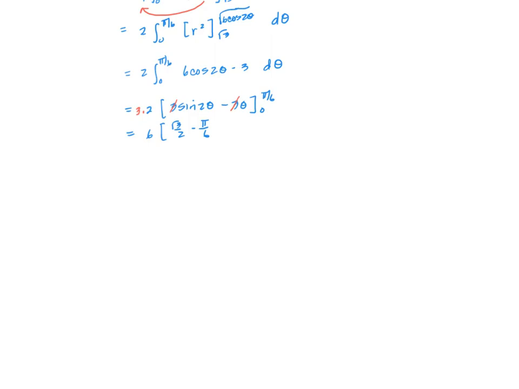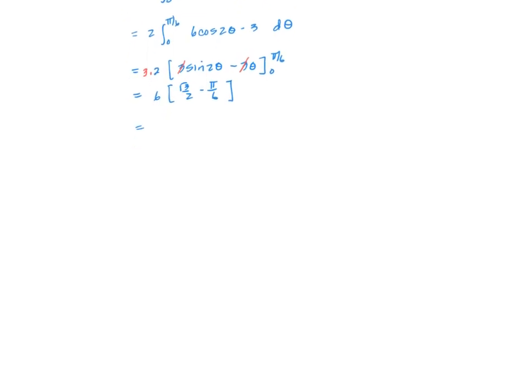And then putting in 0, sine of 0 is 0, and then theta at 0 is 0. I could just leave it like that, or I could distribute the 6, because I can see things would cancel, to get 3 square root of 3 minus pi. Okay, so that's finding the area.